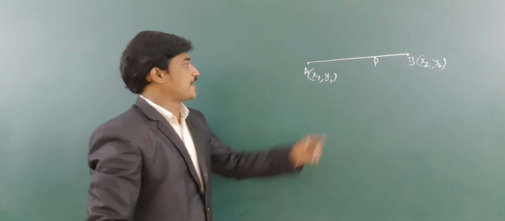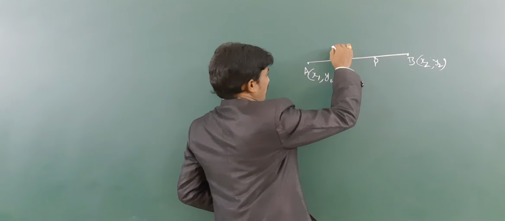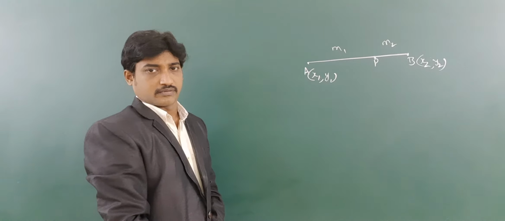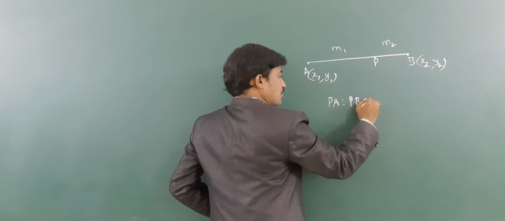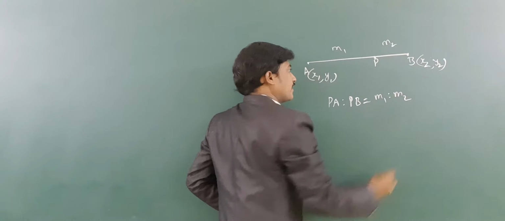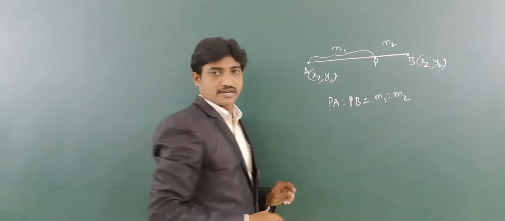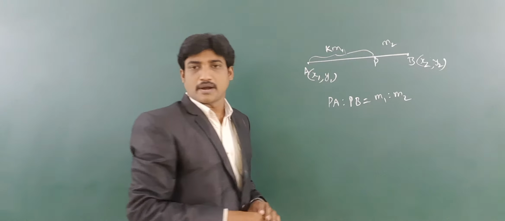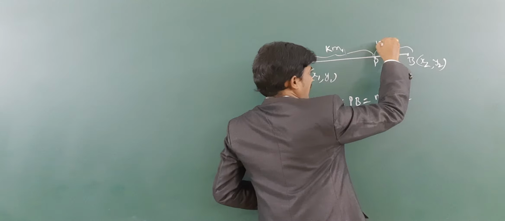So that P is dividing AB in the ratio m1 is to m2. That means PA is to PB is equal to m1 is to m2. That means PA is some constant k times m1 and PB is, for some constant k, k times m2.